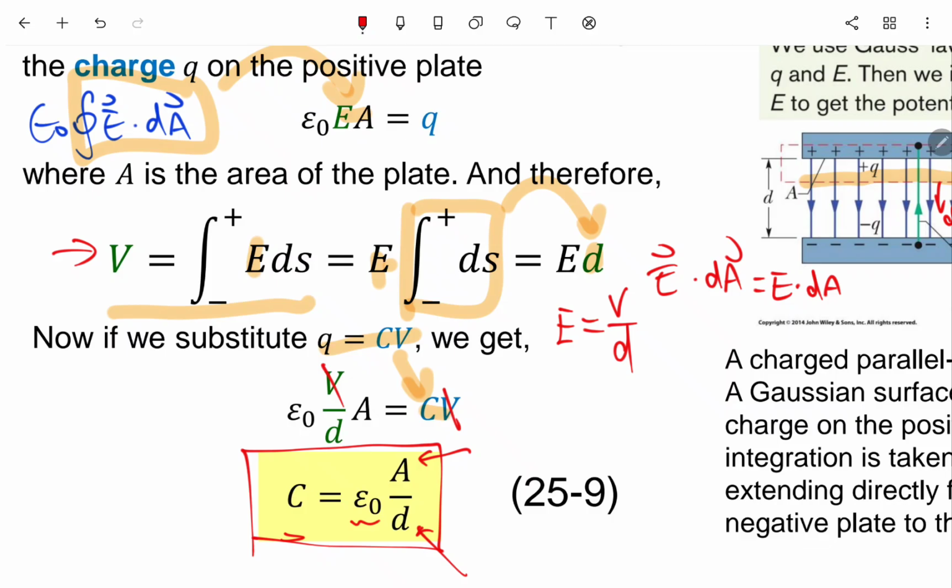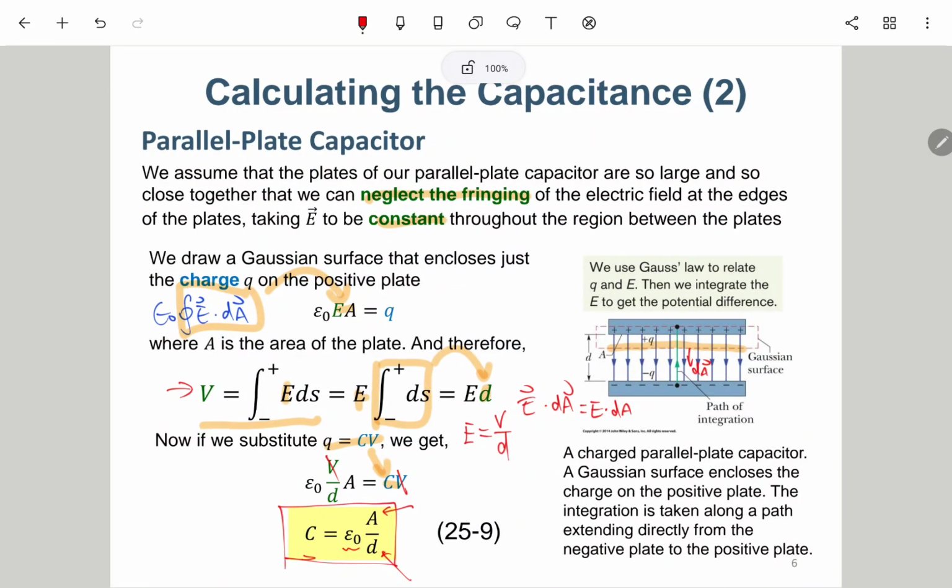So if you would like to have a larger capacitor, you can either increase the area of the plate, or decrease the distance between the two plates. This equation is for the parallel plate capacitor.